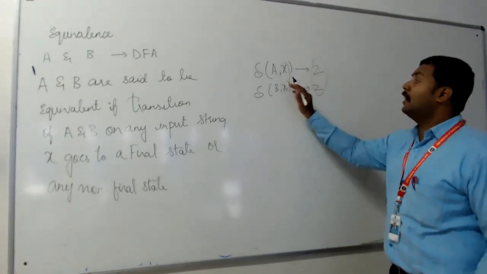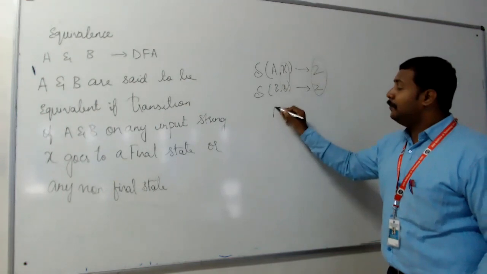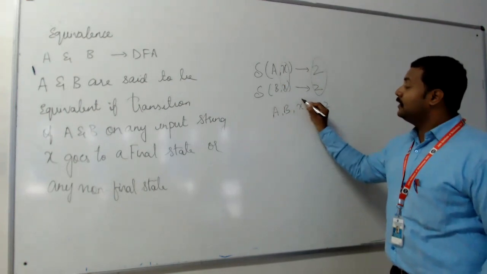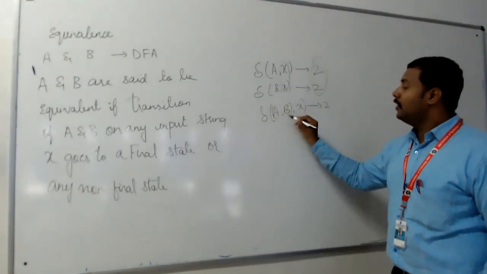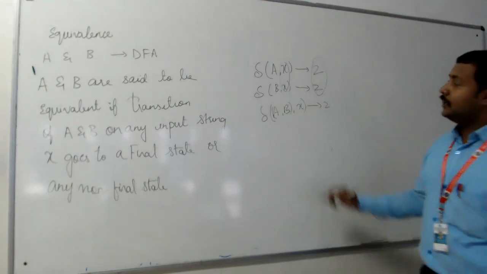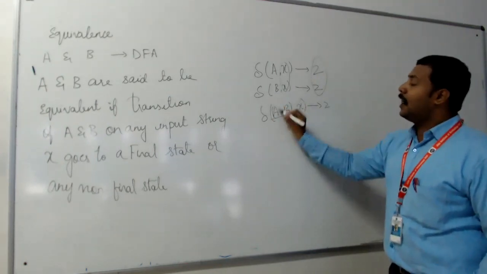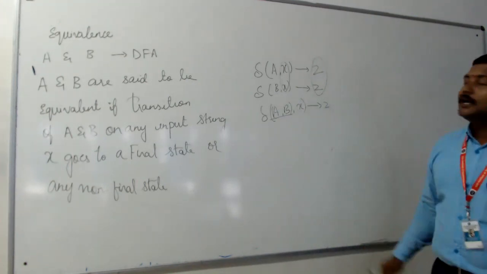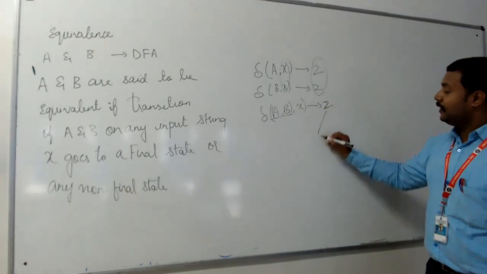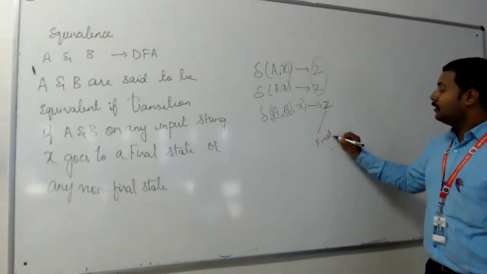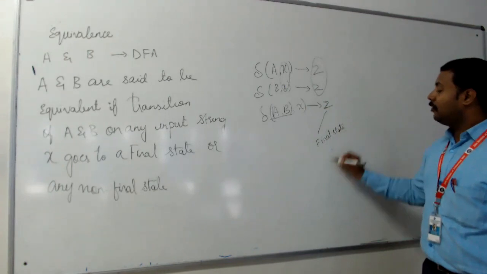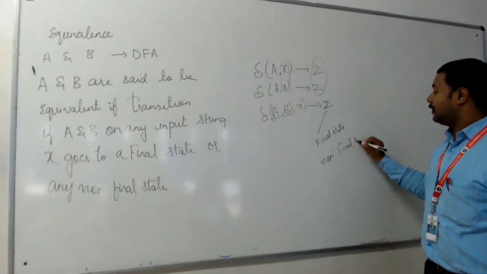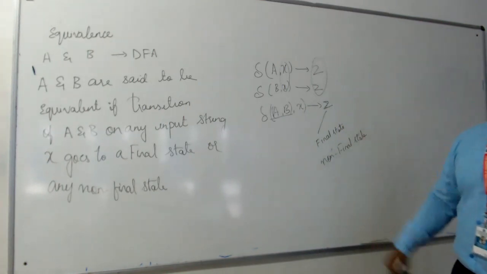So when they have these common aspects, I can directly write that A and B on X move to Z. Transition of A and B on X goes to Z. Now I can say that A and B are equivalent because on the same input string they move to the same single state, and this Z may be a final state or it may be a non-final state. It need not be a final state; a non-final state is fine too.